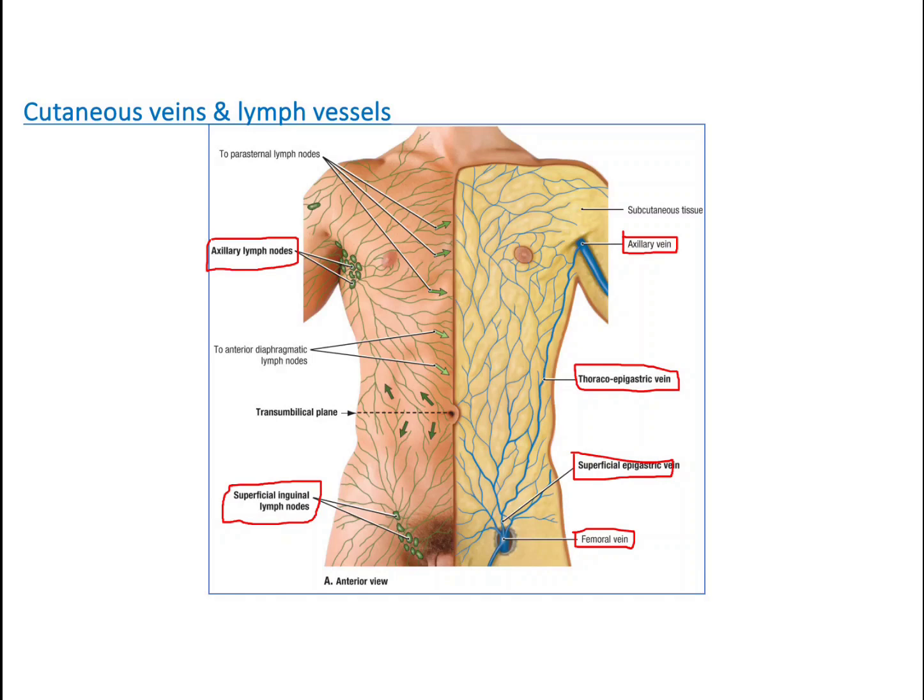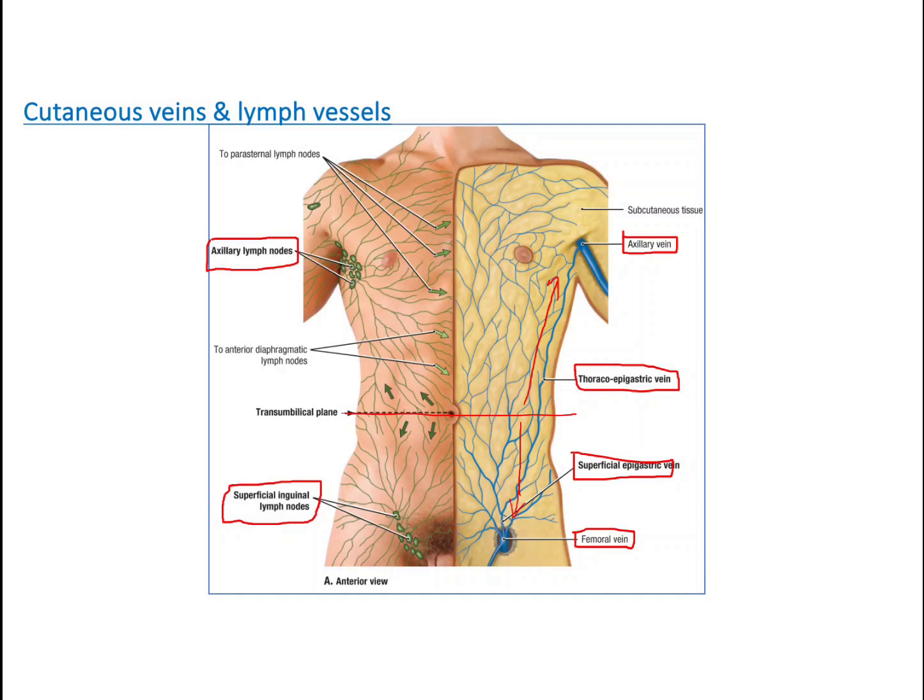Now what are the veins? Mainly we have so many veins over the anterior abdominal wall, and we have already seen that the umbilicus is a watershed line. Above the umbilicus the veins drain upwards, and below it the veins drain downwards.